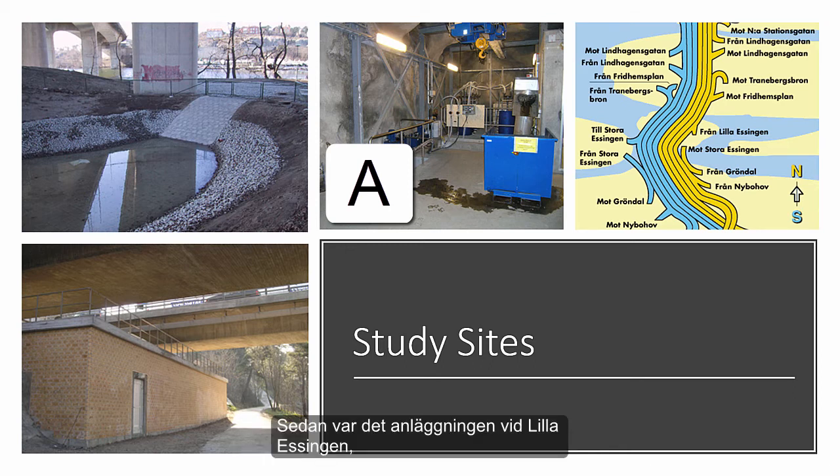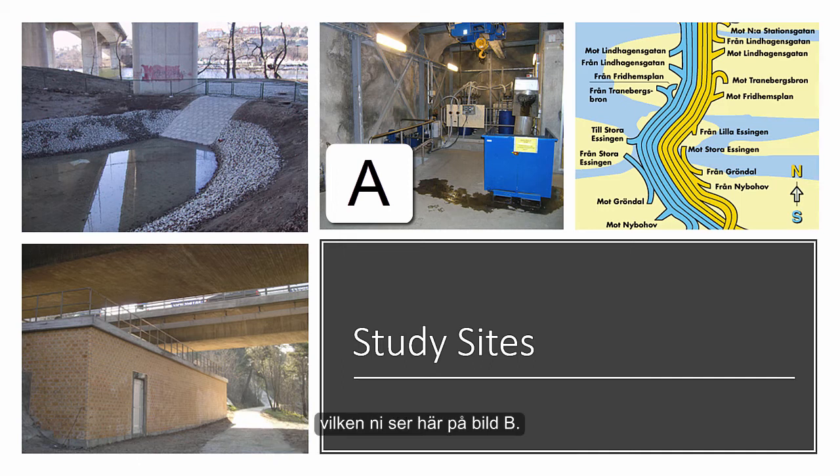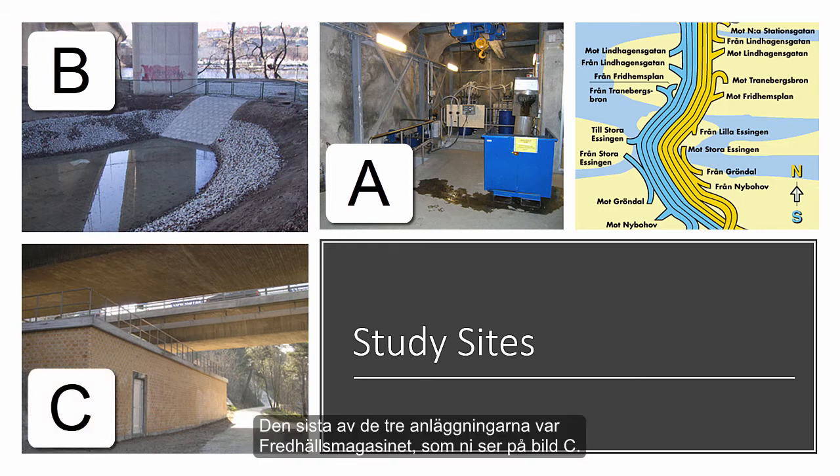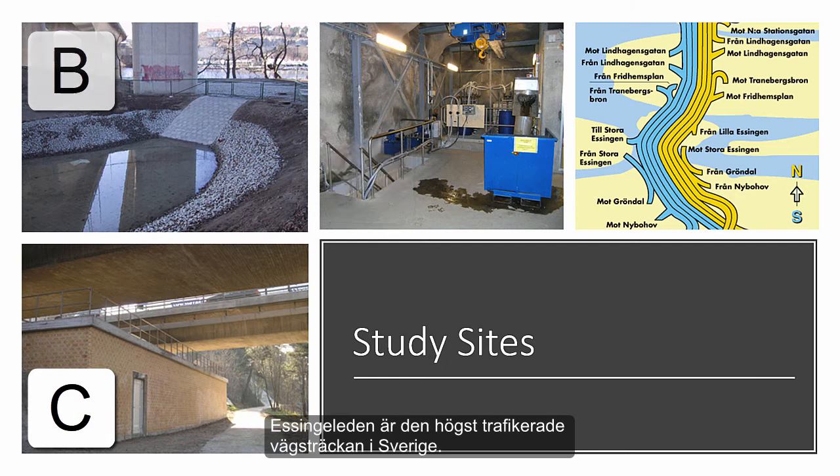Then we have the treatment facility Lilla Essingen, which you see here on B. Lilla Essingen is basically a stormwater pond, a classical type of treatment for runoff water. And finally, we have the Fredhälls-magasinet, the Fredhälls treatment plant located at the very densely trafficated Essingeleden in the center of Stockholm.